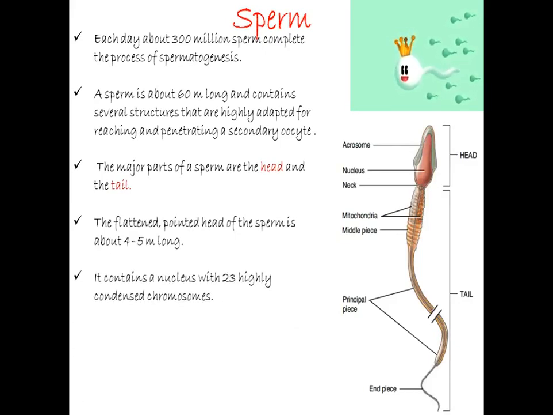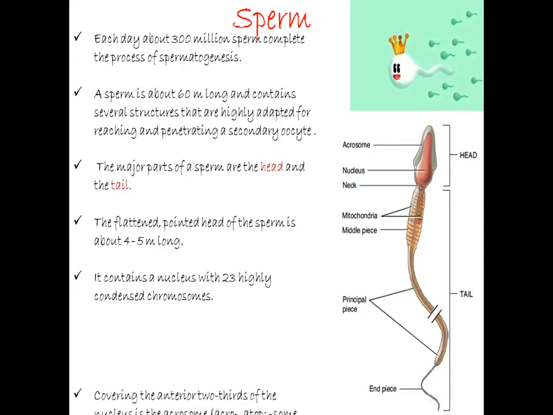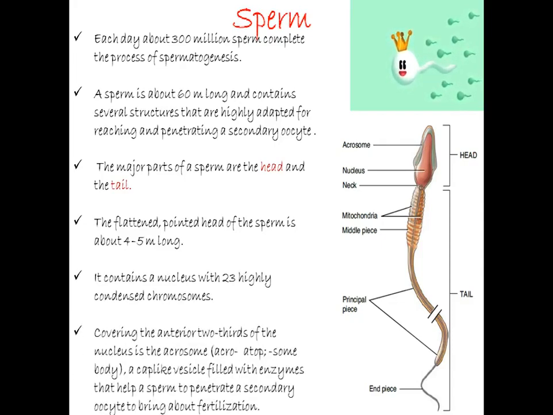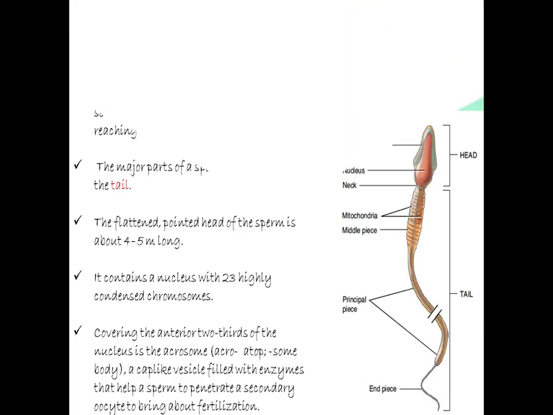It contains a nucleus with 23 highly condensed chromosomes. Covering the anterior two-thirds of the nucleus is the acrosome, a cap-like vesicle filled with enzymes that help a sperm to penetrate a secondary oocyte to bring about fertilization.